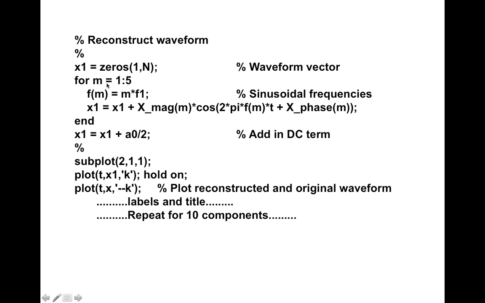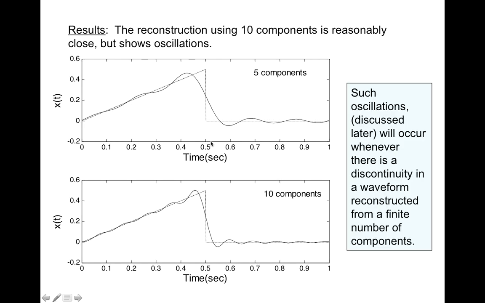This for loop includes the first 5 terms in the Fourier series. Then the system plots both the original waveform as well as using 5 and using 10 components. So you can see here's 5 components and here are 10 components.